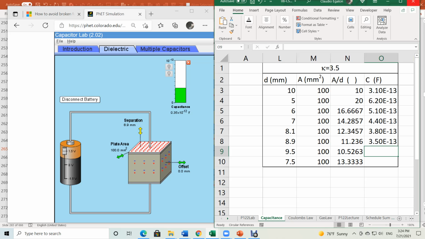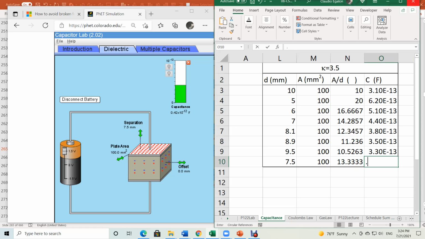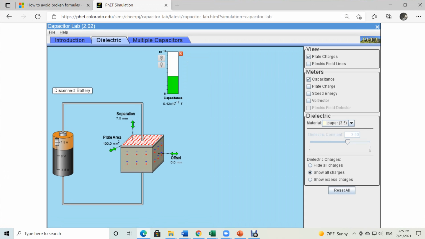Next, 9.5. 0.33 times 10 to minus 12, and we have 7.5. 0.42 times 10 to minus 12. Is that 3.5? Yes, right? Paper. And the last one should be glass.